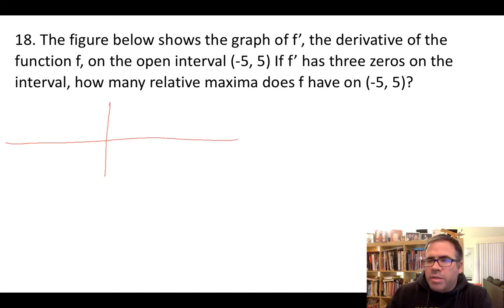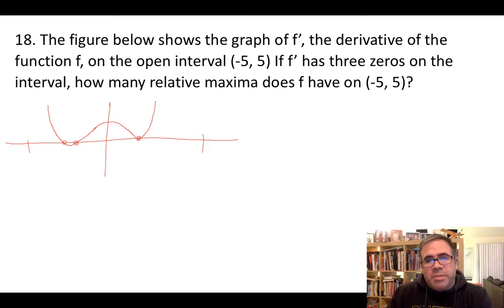If I remember correctly, I think this one looked something like this. So you have 1, 2, 3 zeros.